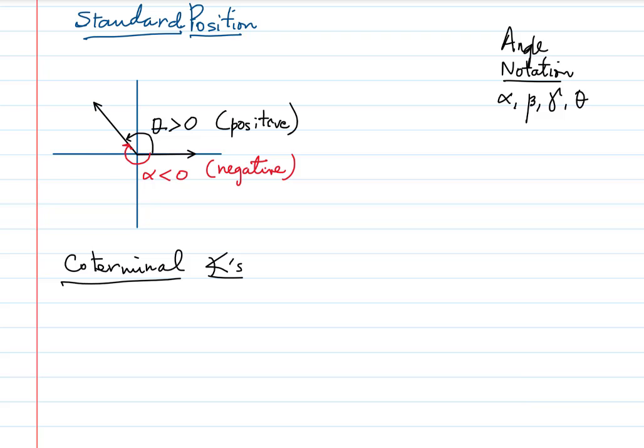Coterminal angles, just like the word says, remember, from now on we said we're going to use standard position. So all angles are going to start from the positive x-axis in standard position, and they'll go to the terminal side. So coterminal just means both of them have the same terminal side.